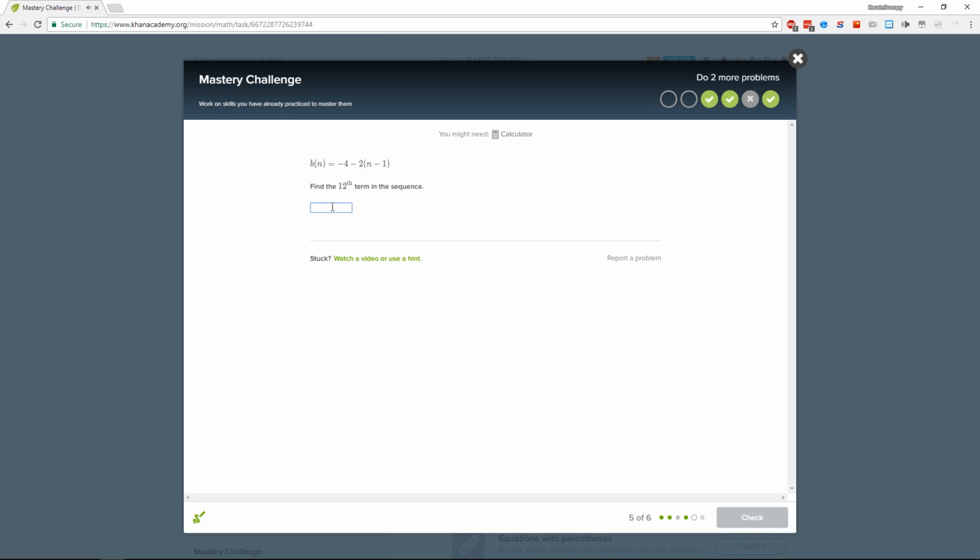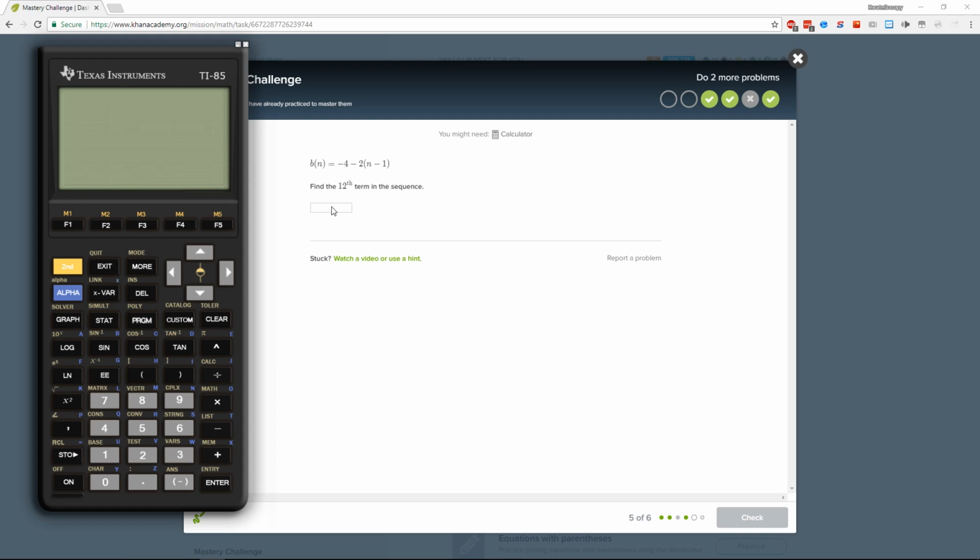Find the 12th term. Might need a calculator. Alright, so let's turn this thing on again. I don't know why they turn off. Let's see. Negative 4 times plus 9. Let's see, 24 minus or plus 1.